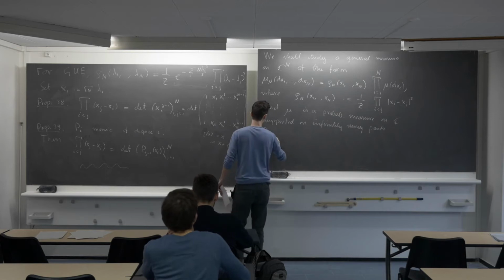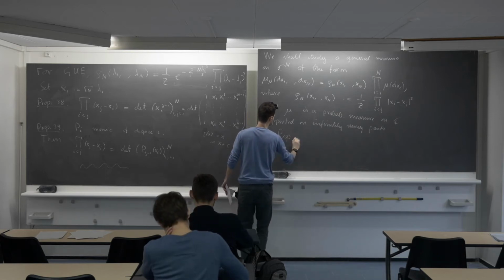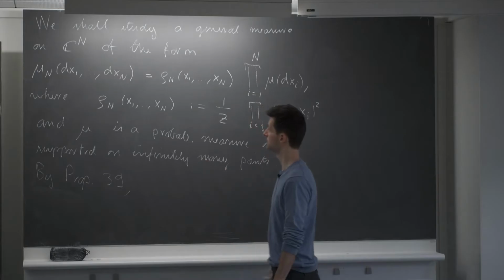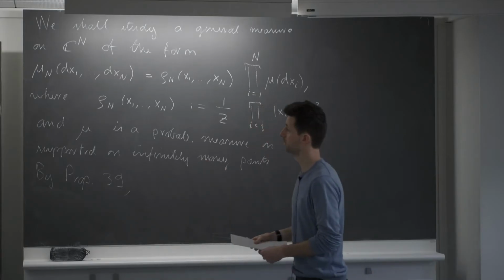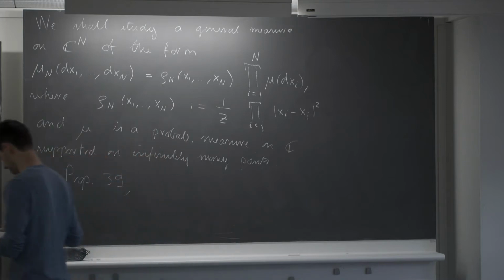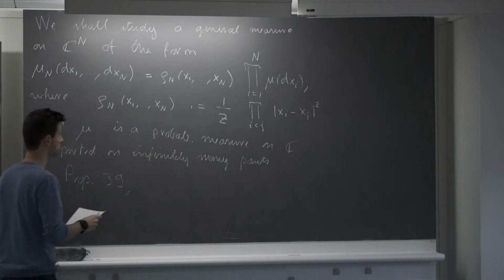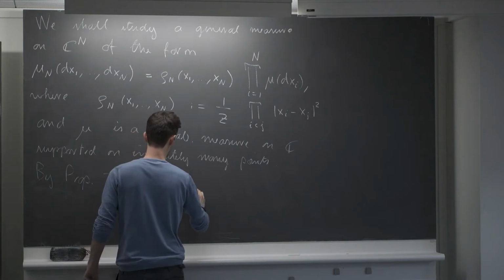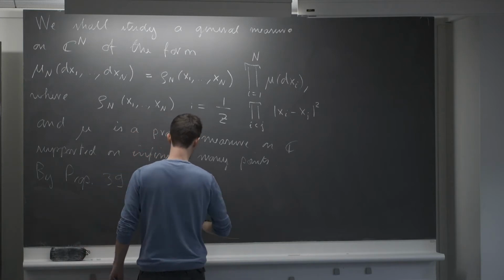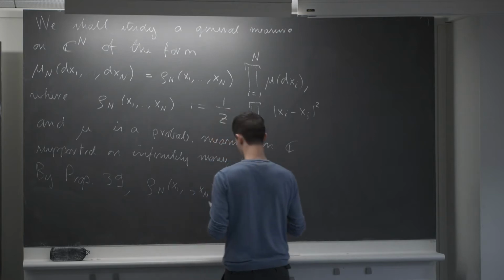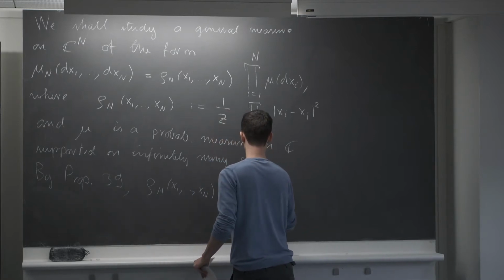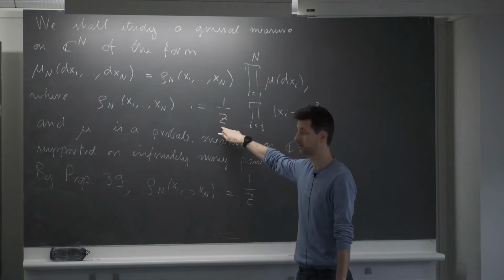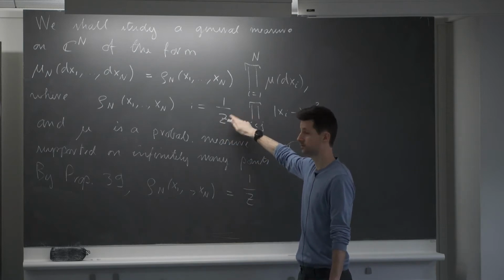By proposition, I just recall that this density rho n can be written as this van der Monde determinant squared. So rho n of x1 up to xn is equal to, well, I have the normalization factors. I will usually not talk about these normalization factors. I include them. They may change from line to line.